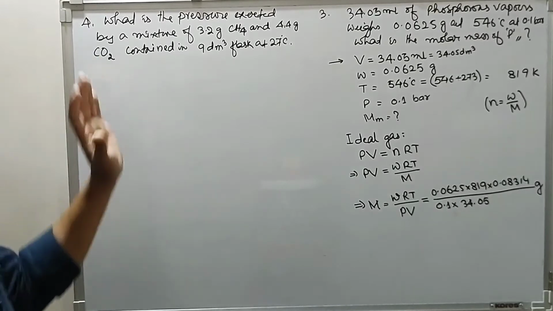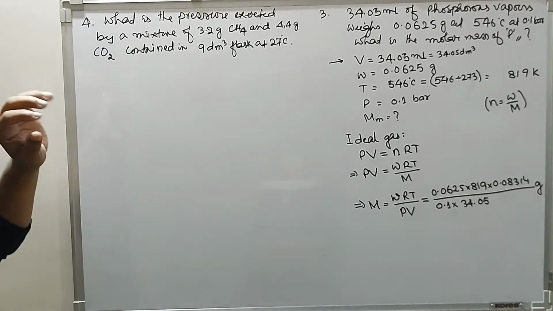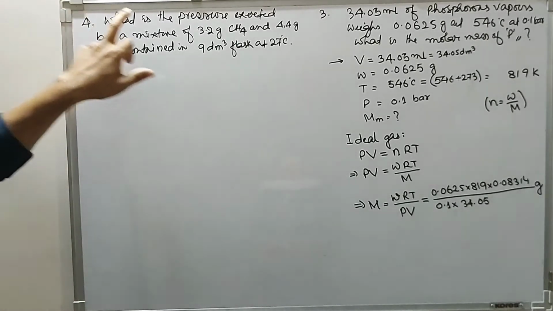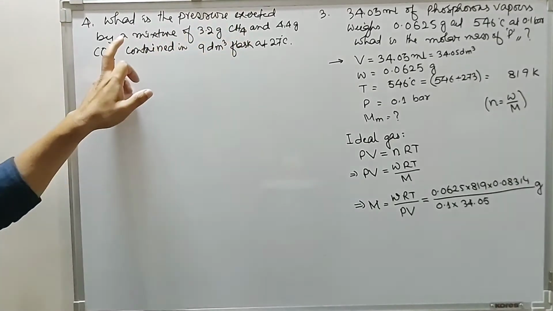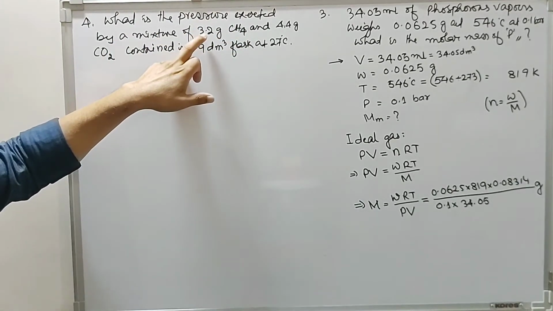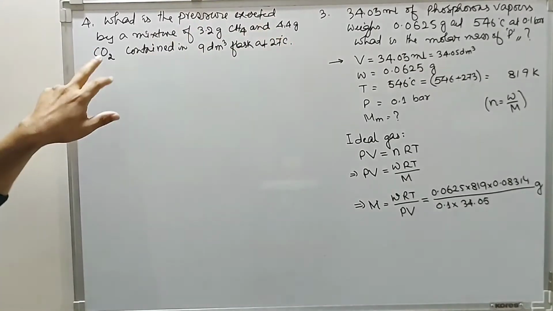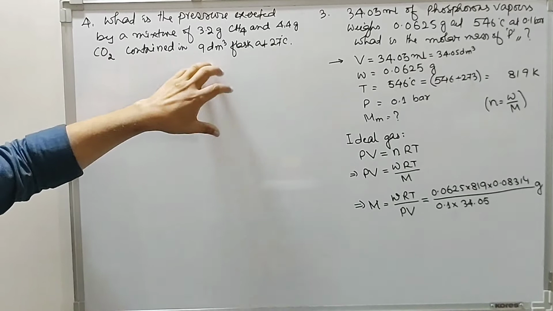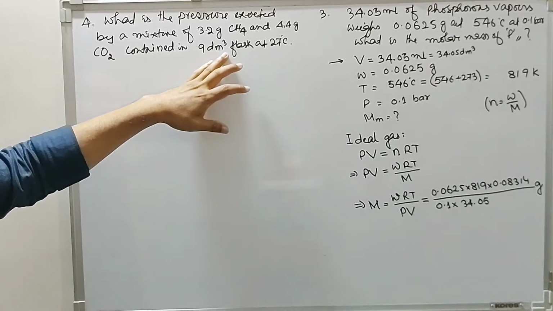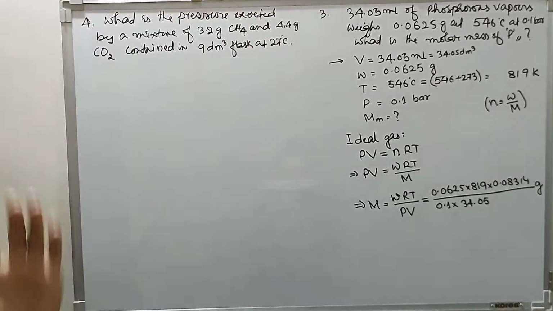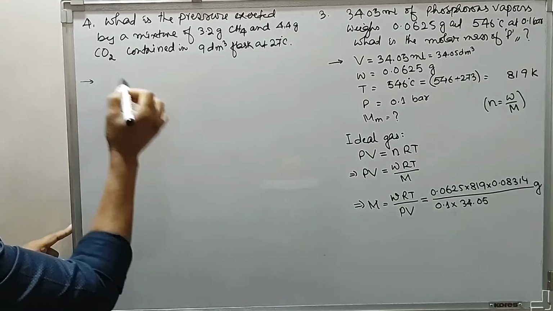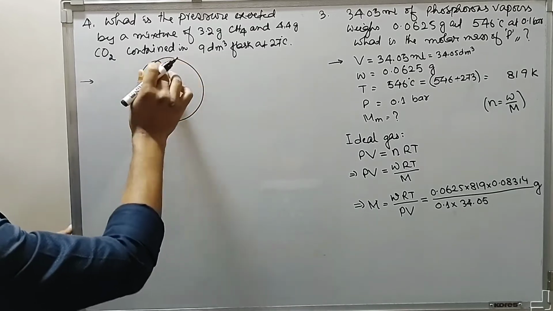Now look at this next question. Question number 4. Question says, what is the pressure exerted by a mixture of 3.2 gram methane, 4.4 gram carbon dioxide present in 9 decimeter cube flask at 27 degrees centigrade. So question says we have a container.